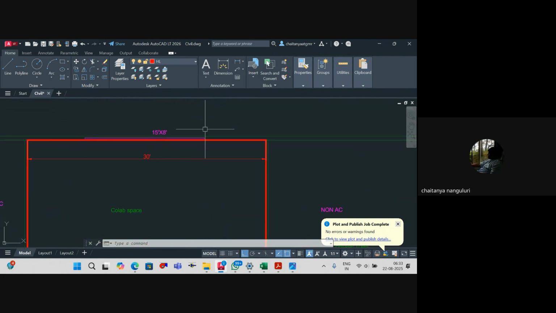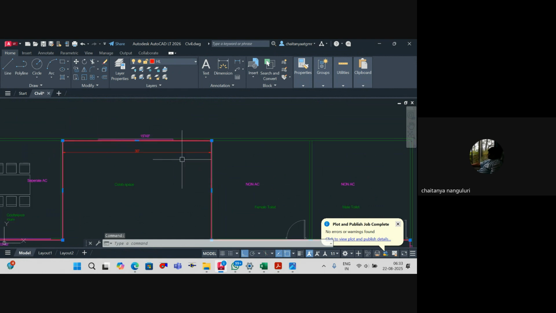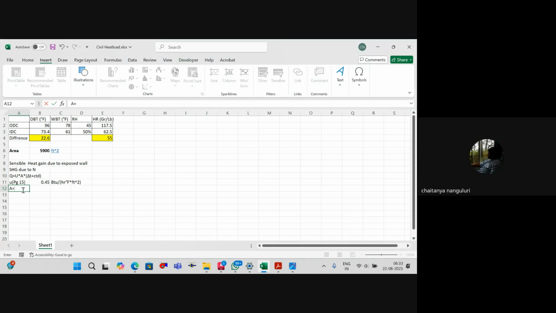Minus, I have to remove the glass present over here, because this is not part of the wall; glass will be calculated separately. So area is equal to width into height minus window area, if you have any windows. Yes or no? Minus windows or glass area.